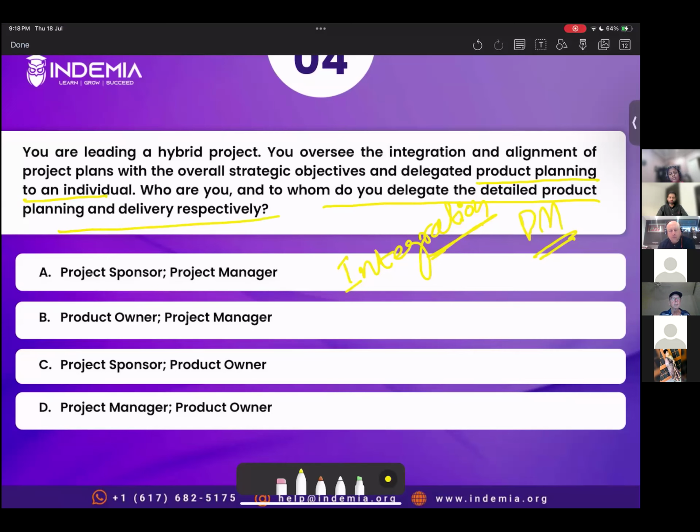In a hybrid project, product planning is done by the product owner. So your job is coordination, collaboration, alignment, integration, and the product owner performs the overall product related things, because they manage the product backlog and requirements and delivery and everything. So the correct answer is option D, project manager and product owner respectively.